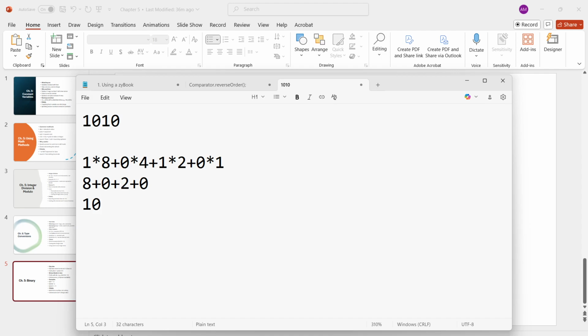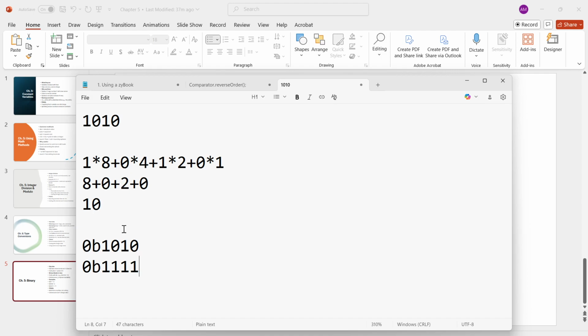In Java you can write binary literals directly using the 0b prefix. So 0b1010 is the same as decimal 10, and 0b1111 is 15, which is 8 plus 4 plus 2 plus 1.